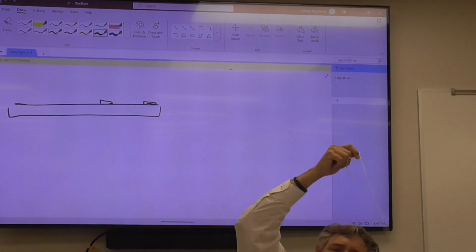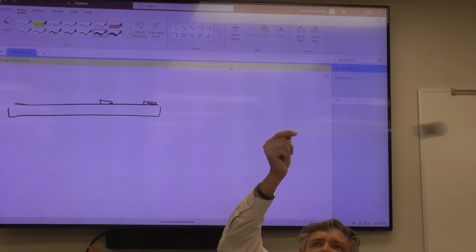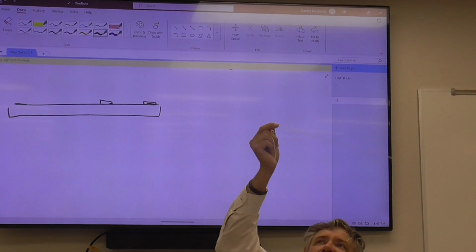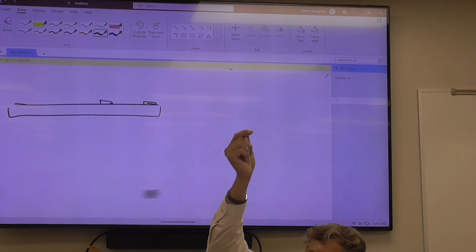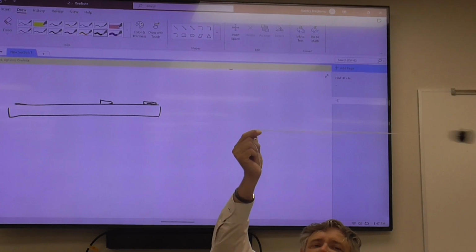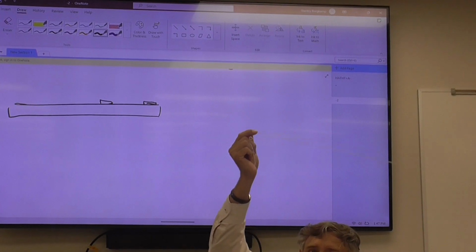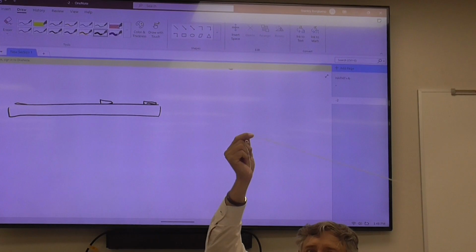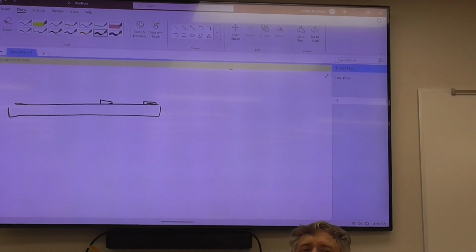Now, is it possible for this rubber stopper to go around over my head with constant velocity? Andrew? No. Why? Because isn't it always changing? You got to get more specific than it's always changing, because you know I hate the word changing.